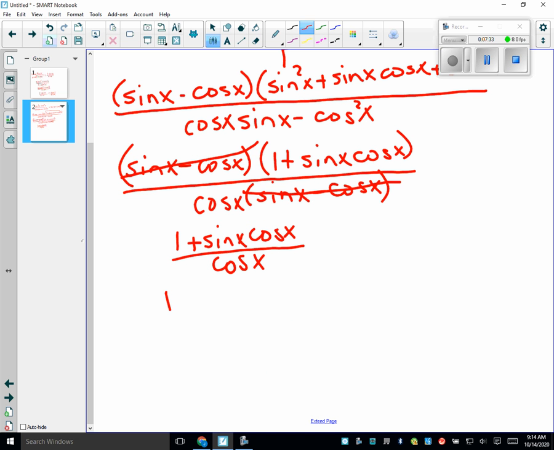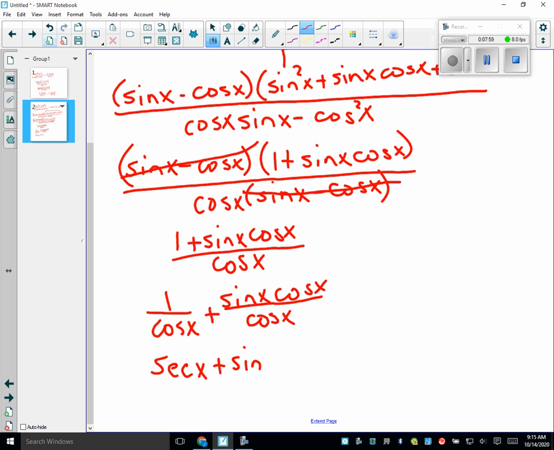So I have 1 over cosine x plus sine x cosine x over cosine x. Does that give me what I need? Yes. That gives me secant x plus sine x equals secant x plus sine x.